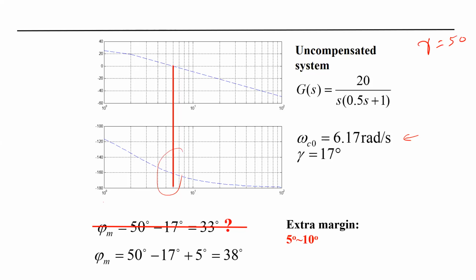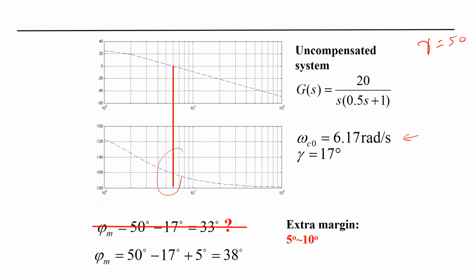Remember, up to a certain phase margin you can add from your compensator. You cannot go beyond 60 to 70, so there is a limitation. The maximum phase you can add is about 60 degrees.